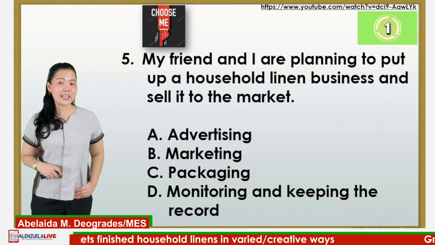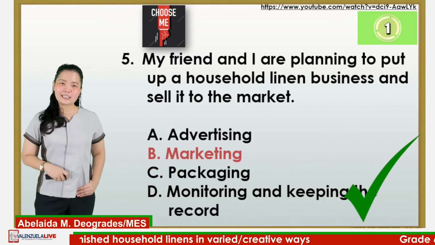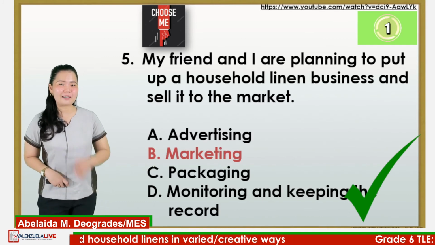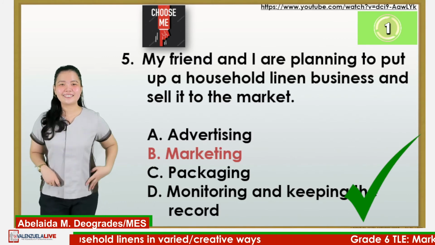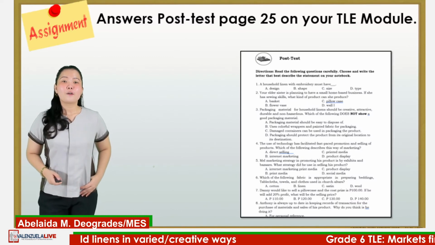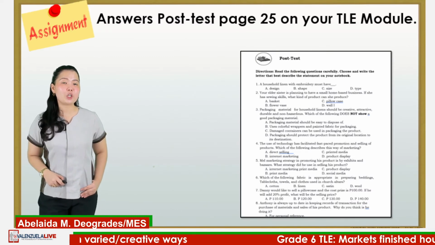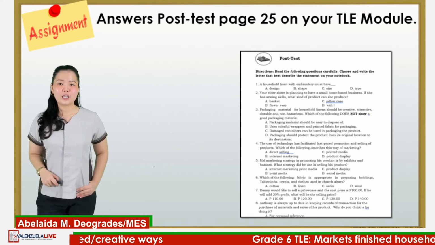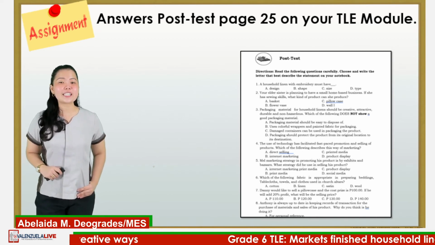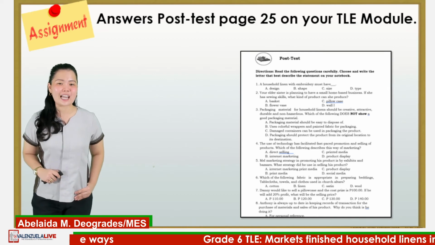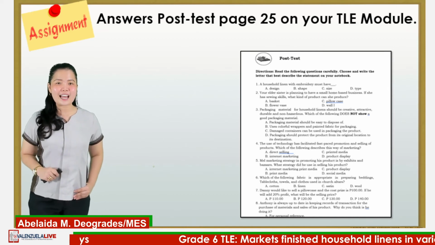The answer is B, marketing. Give yourself a clap. For your assignment, answer Post-test page 25 on your TLE module. Your subject teacher will check your assignment tomorrow on your class discussion, so don't miss your class.